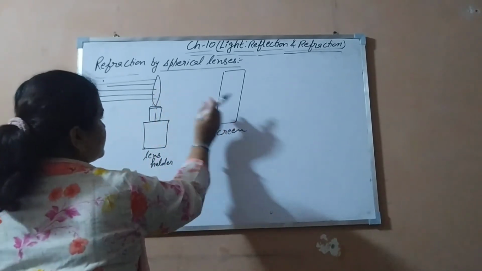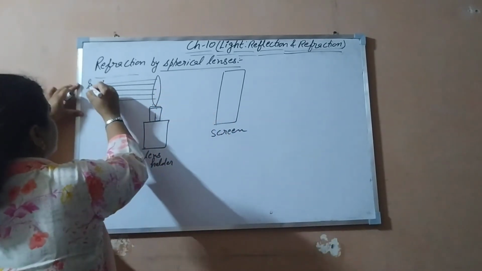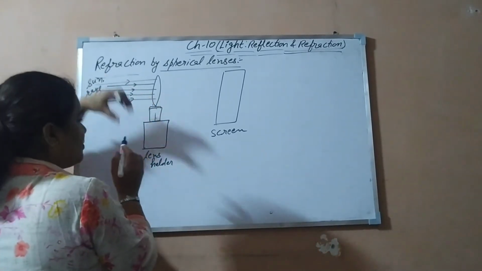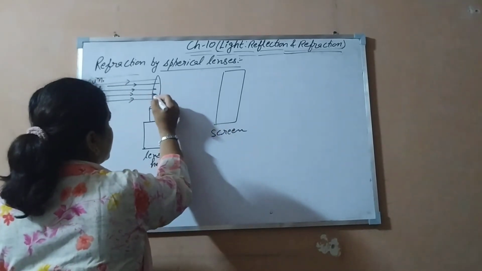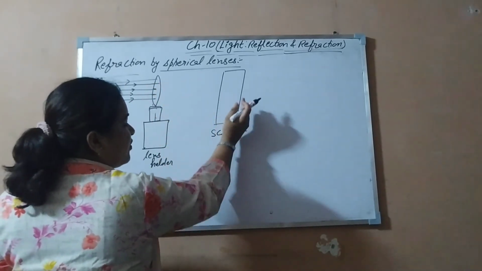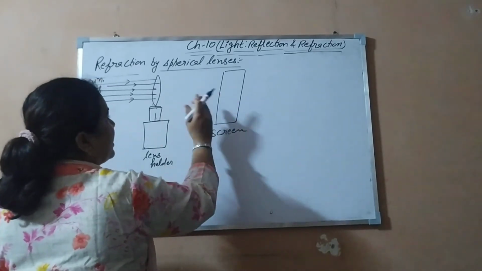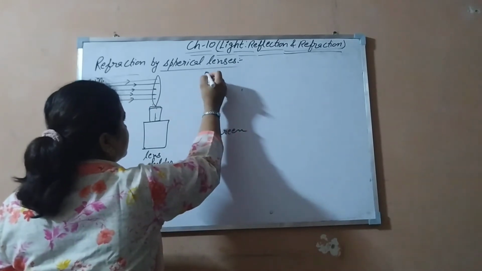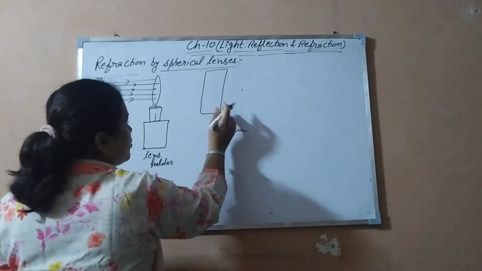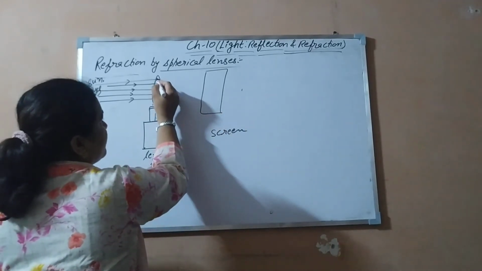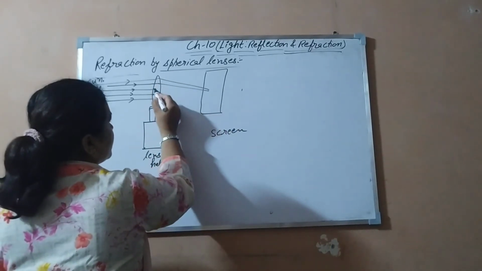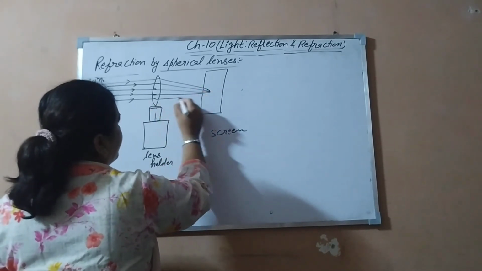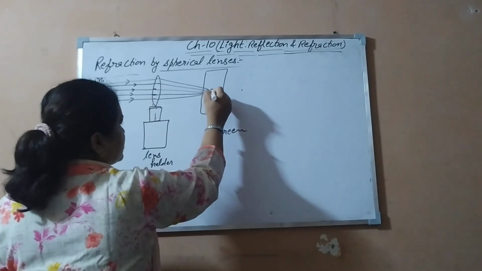We will move the screen. These are the sun rays. The parallel rays come and, after refraction through the lens, we take a bright image. We move the screen backward and forward, and we get a bright patch, a bright spot.